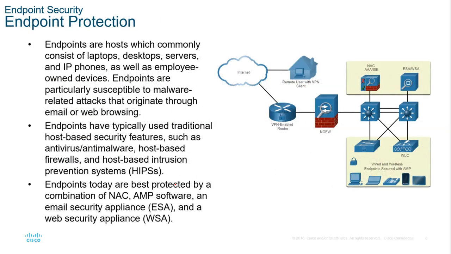Endpoint protection covers hosts, which commonly consist of laptops and desktops. Those are the endpoints. So every time you are trying to protect the endpoints, you're dealing with desktops, servers, laptops, IP phones, as well as employee-owned devices.